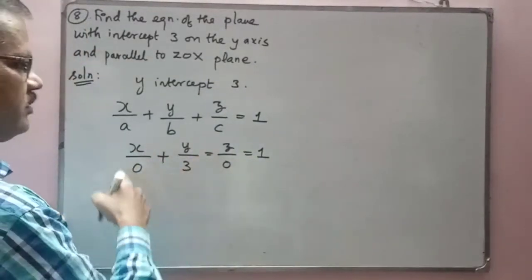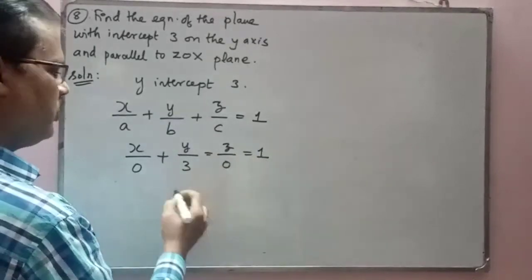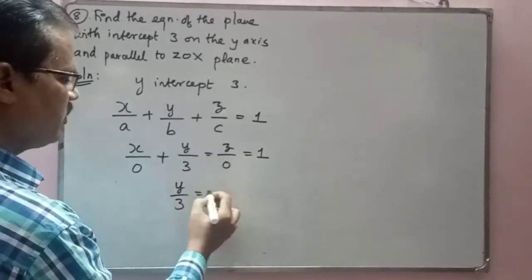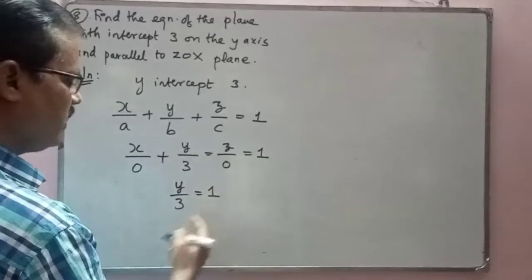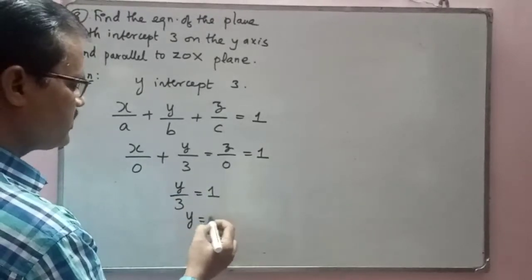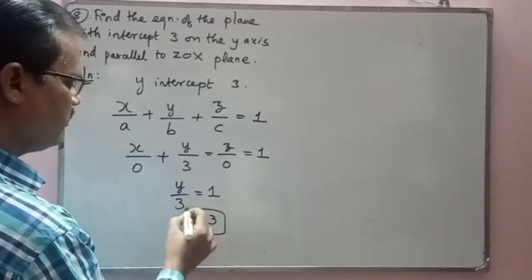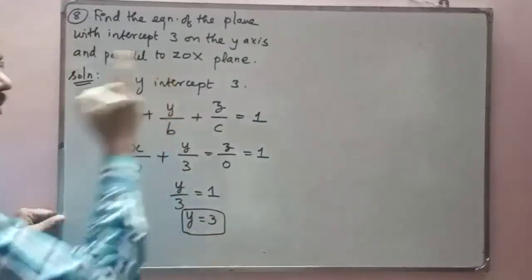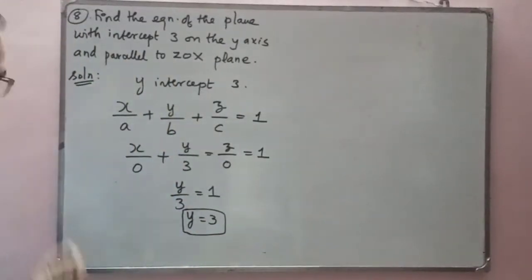Now you have y by 3 equals 1. When you cross multiply, you have y equals 3. This is the equation of the required plane. This completes the solution.